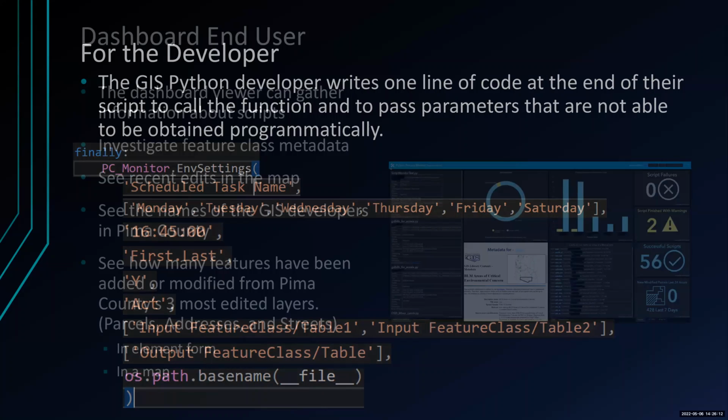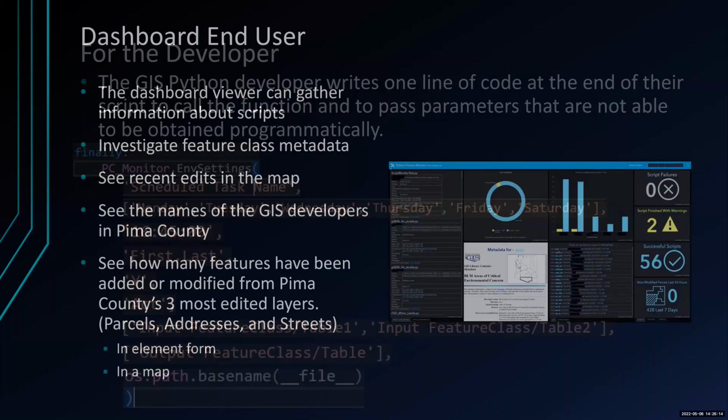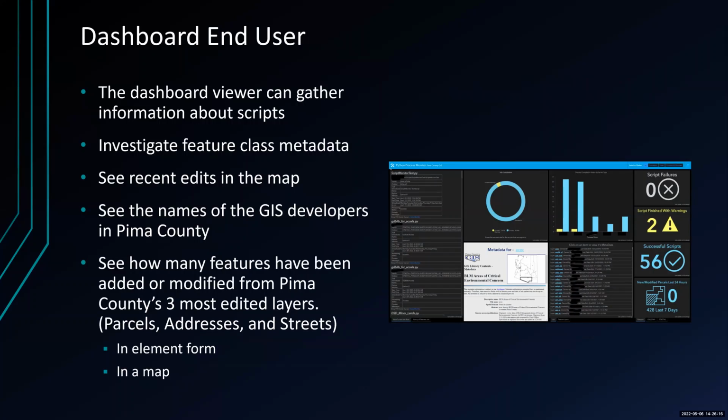So for the dashboard end user, the dashboard viewer can gather a lot of information about these scripts, and investigate the feature classes that are available in Pima County's metadata website. And it's highly interactive because you can select any of these feature classes and the metadata automatically populates on the embedded web page there.